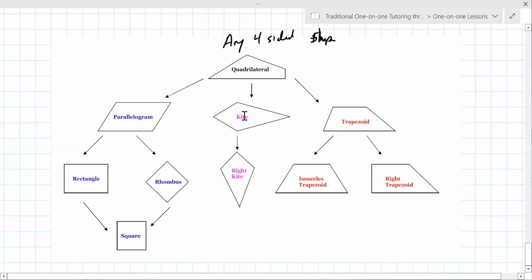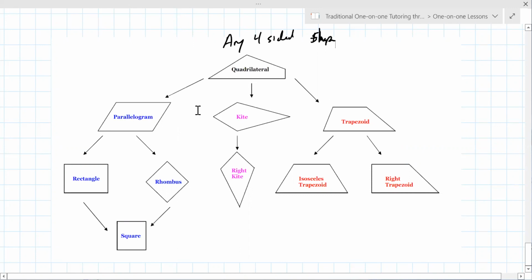Every kite is a quadrilateral, but not every quadrilateral is a kite, because it could be a trapezoid or a parallelogram. And any four-sided shape is a quadrilateral, but not every four-sided shape is a parallelogram. So you have to be really careful.